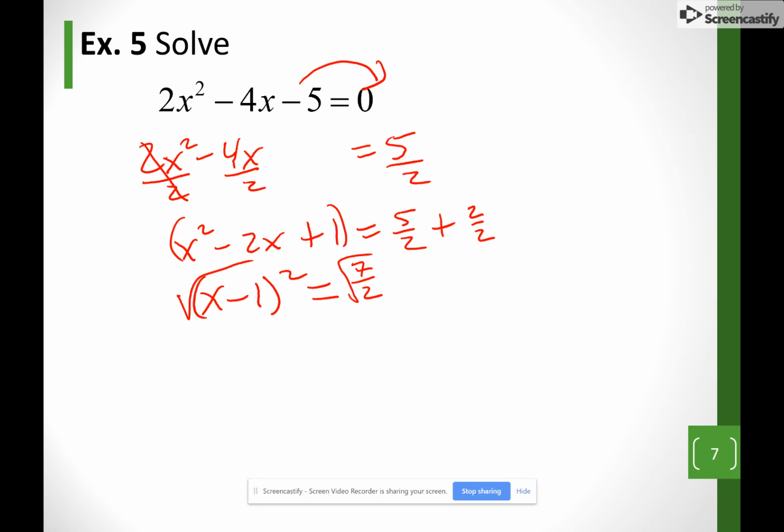I'm going to do the square root on each side. x minus 1 is equal to, now radical 7 over 2.